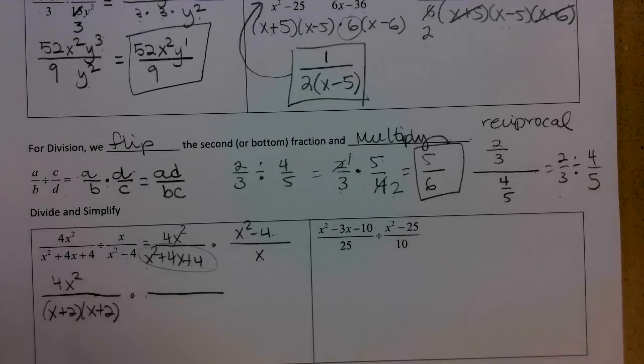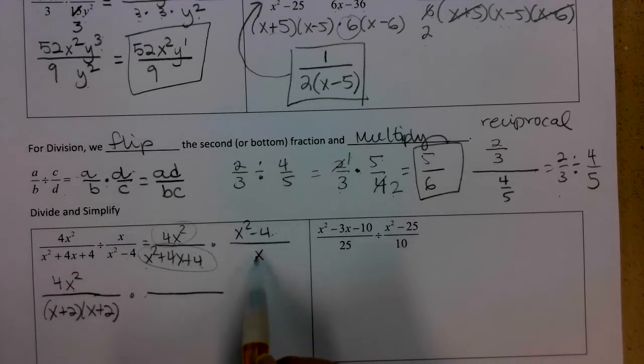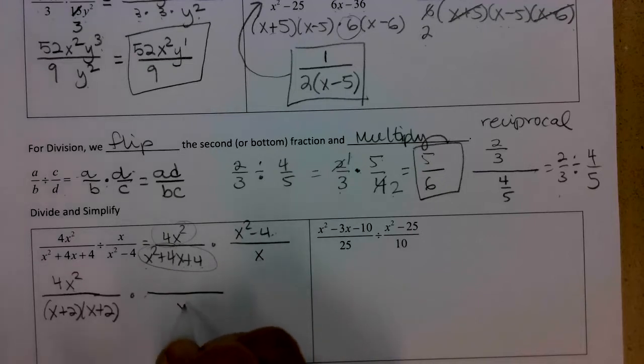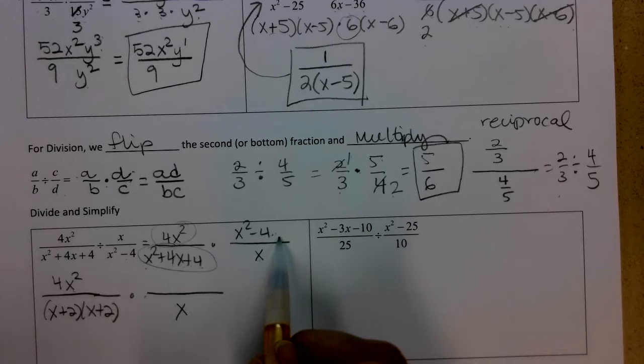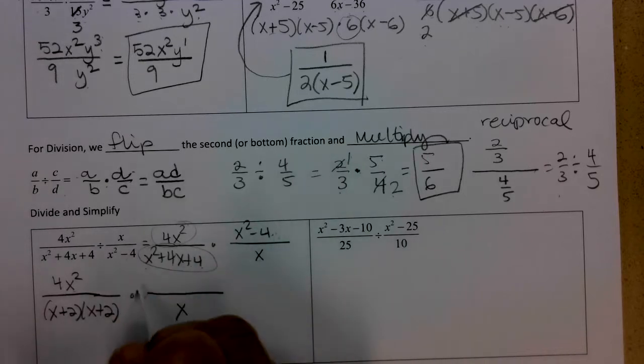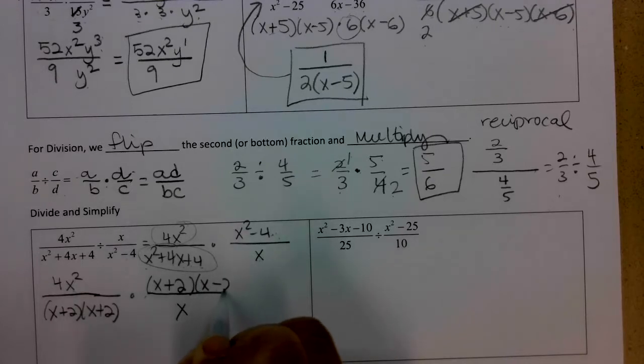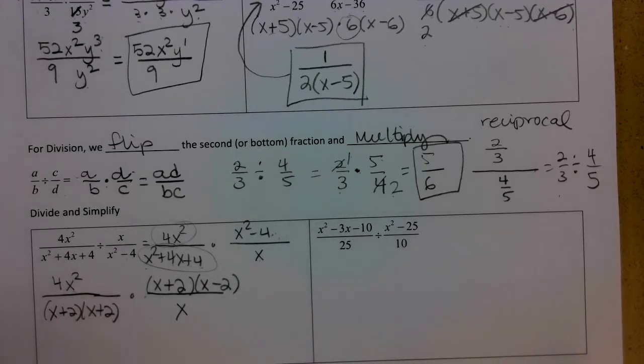When it's a monomial, like the 4x squared, you just drag that along. The x, a monomial, just drag that along. We'll deal with those last. But now factor that x squared minus 4. Difference of squares, x plus 2 times x minus 2.